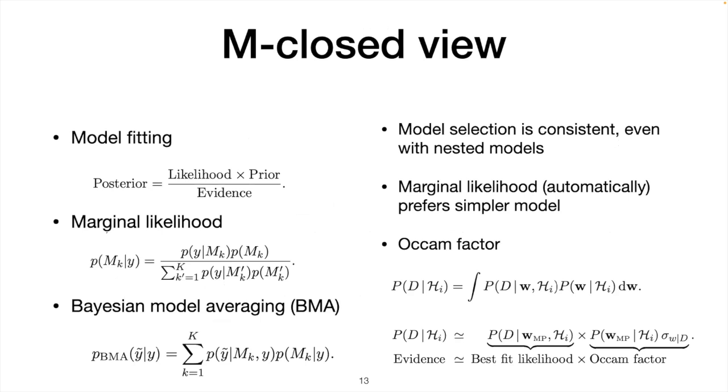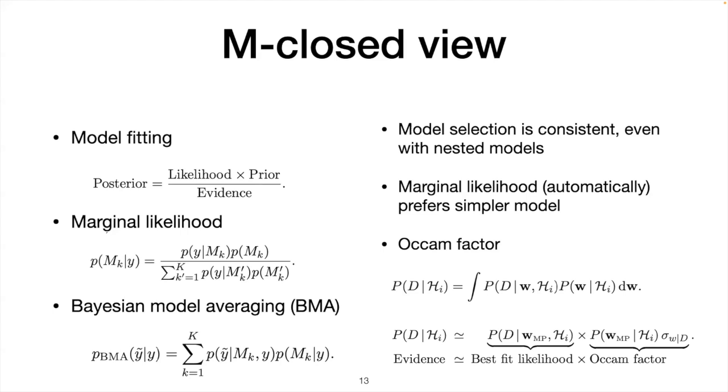So in the M closed view, it's familiar that we can often use marginal likelihood or Bayes factor or Bayesian evidence as a way to choose a model or to do model averaging. The idea is that the posterior inference is the likelihood times prior divided by the evidence, and evidence is just p(y), right? It's the marginal likelihood. The posterior of a model is just the prior of the model times the marginal likelihood.